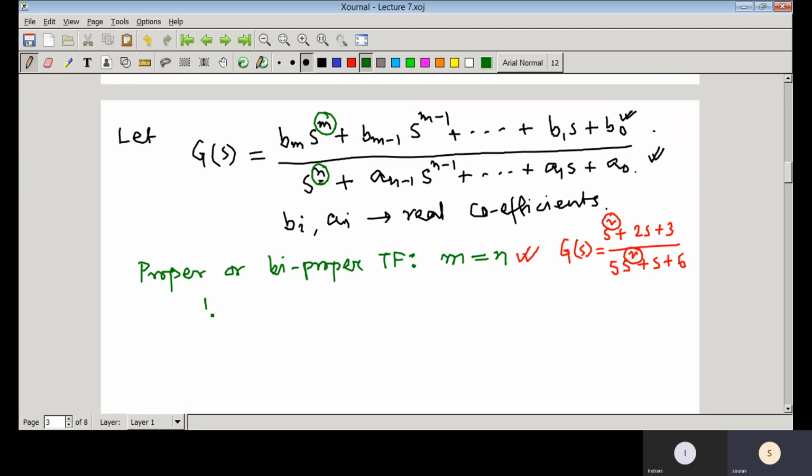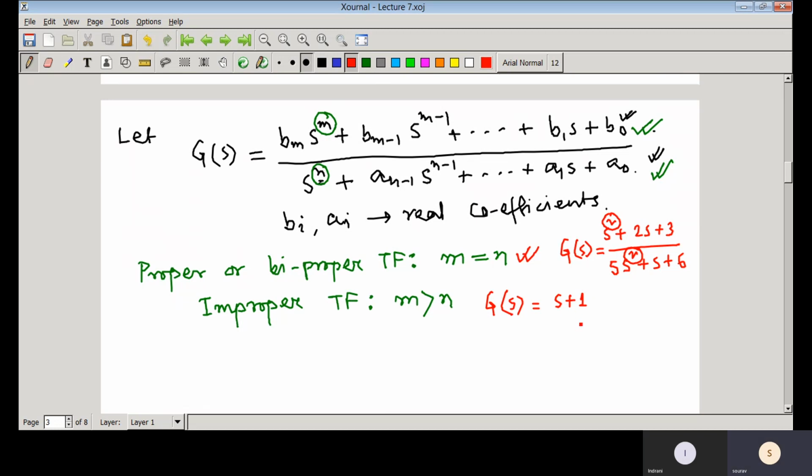Now what is an improper transfer function? Improper transfer function whenever m greater than n, that means the degree of the numerator polynomial is greater than the degree of the denominator polynomial. Say for example, we can take here G(s) equal to suppose s plus 1.